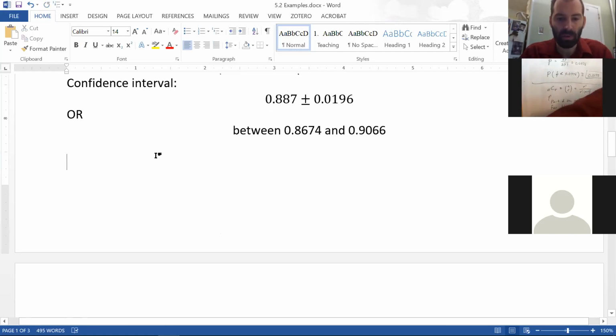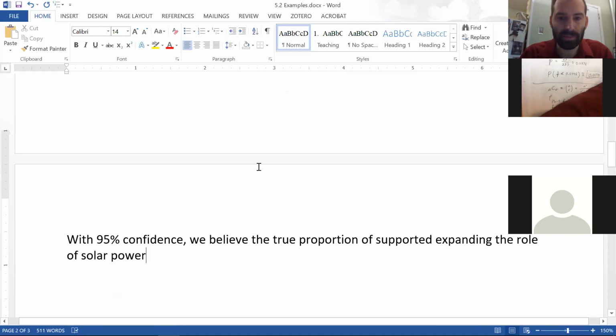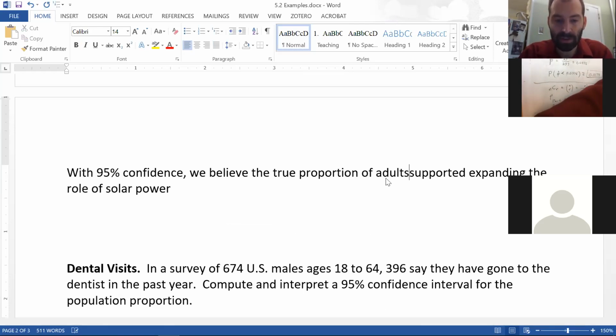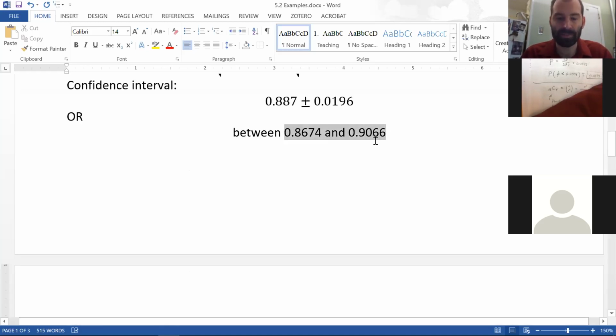With 95% confidence, we believe the true proportion of adults who support expanding the role of solar power is between those numbers that I wrote over here.